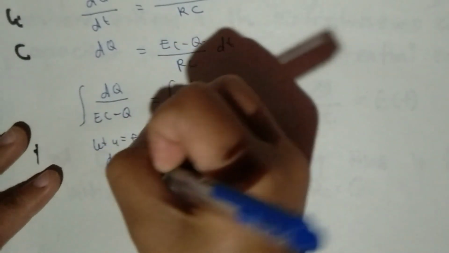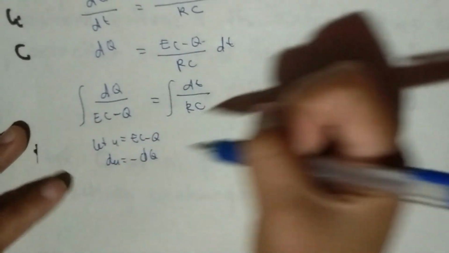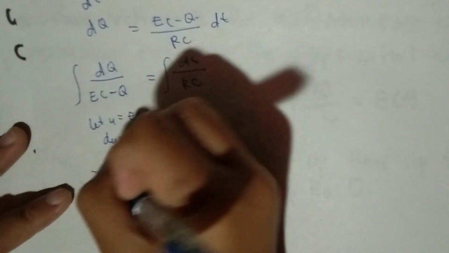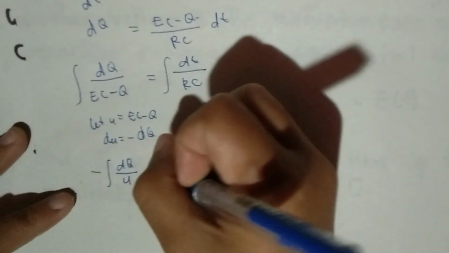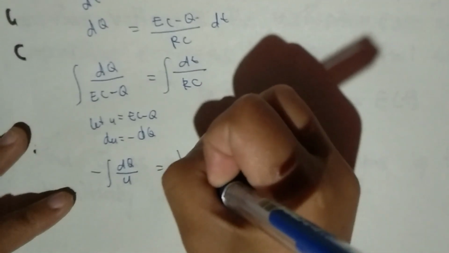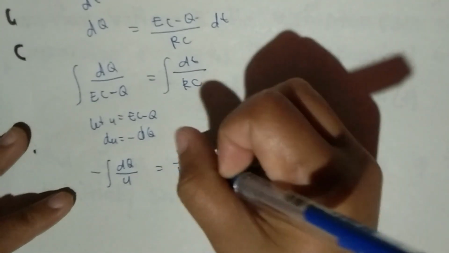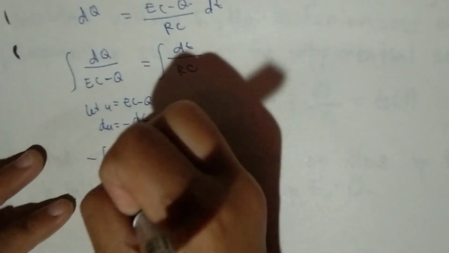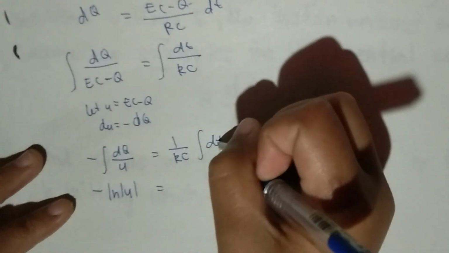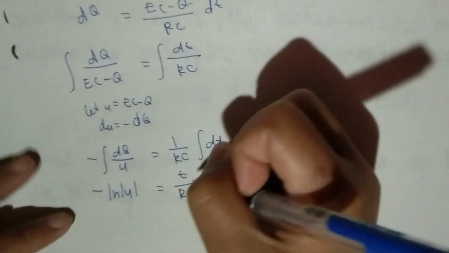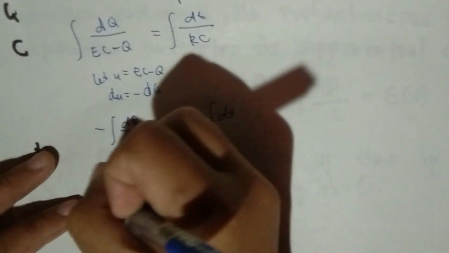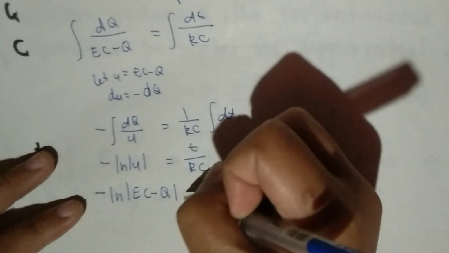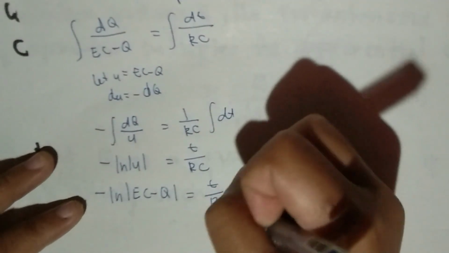Our du would be negative dq. So this will be negative dq over u, and this will be 1 over RC dt, since RC here is treated as a constant. So this will be negative ln of u is equal to t over RC. So we will substitute back u, that will be negative ln of EC minus q is equal to t over RC.